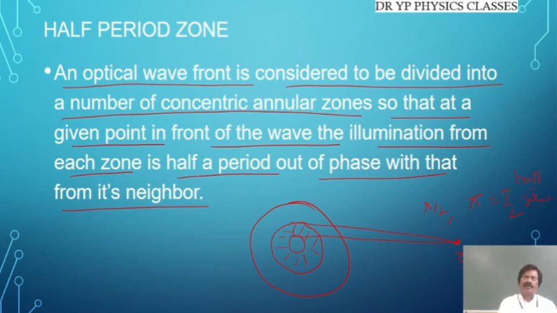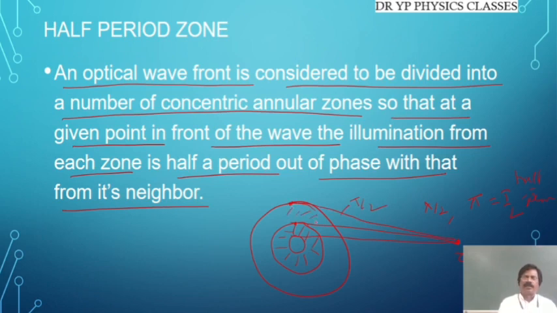So light reaching the point O from these two consecutive circles differs by a phase of half the period. Therefore, the area enclosed by these two particular regions is what is called the half period zone. Similarly, light from this particular circle here is also the same, T by 2.